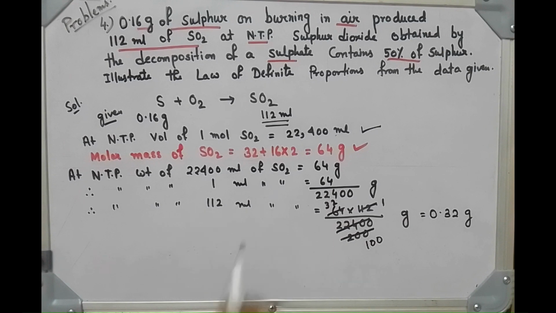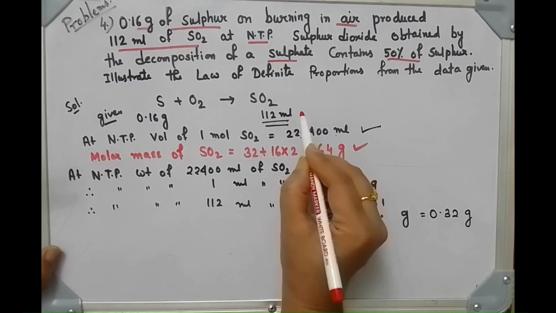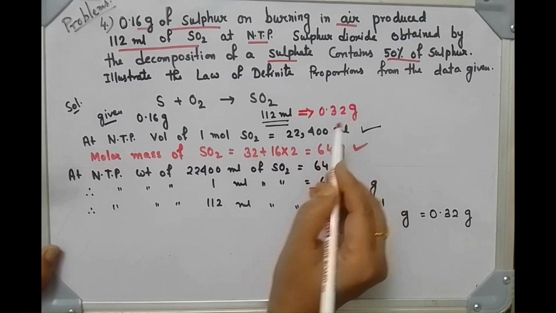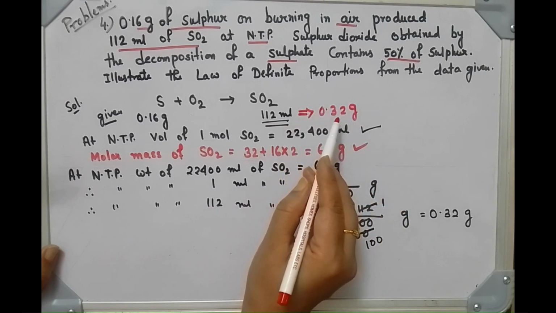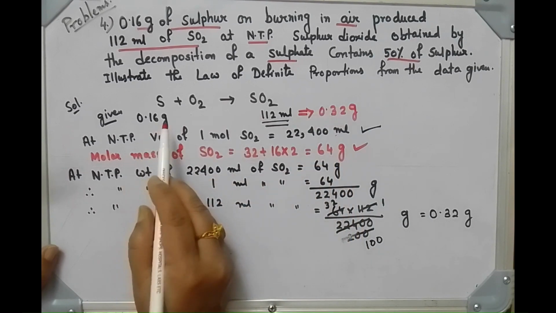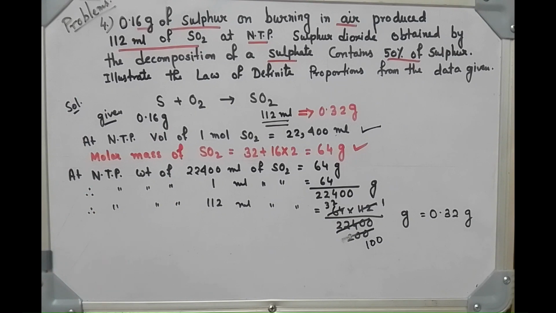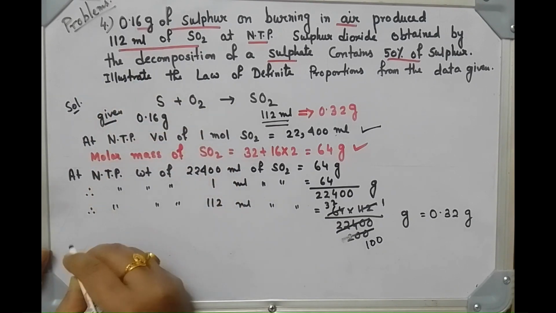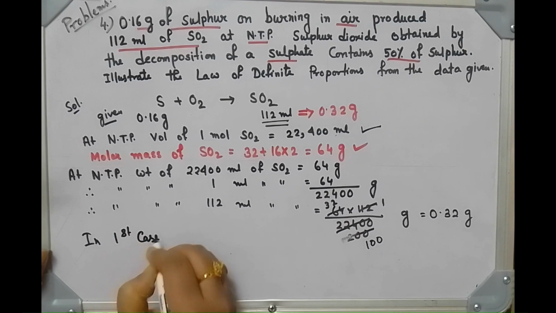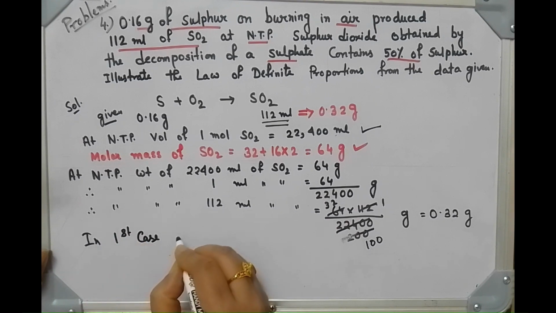Now you see, here the weight of sulfur dioxide is coming 0.32 grams. So in 0.32 grams of sulfur dioxide, how much sulfur is present? 0.16 grams. Therefore, in the first case, what is the percentage of sulfur?